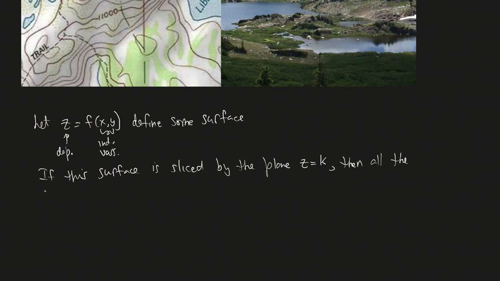So all the points on the intersection of z equals k and z equals f of x, y, all those points, right? Again, those are the ones that make all these different curves at a fixed level, are called, right?